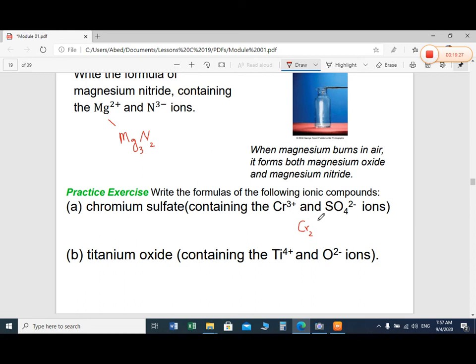Because we have to write 3 anions of sulfate, we have to use the bracket. So in the bracket we write the sulfate SO4, and close the bracket, and then this 3 will come here. So this is chromium sulfate. We have to use the bracket.